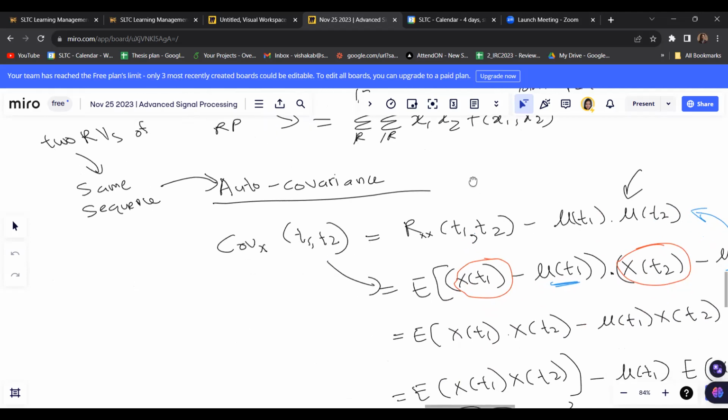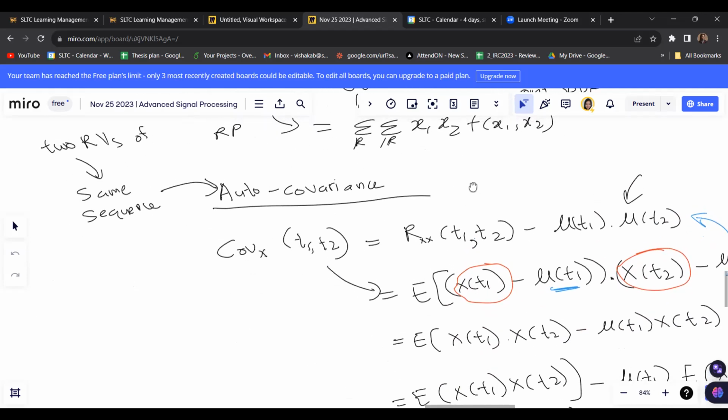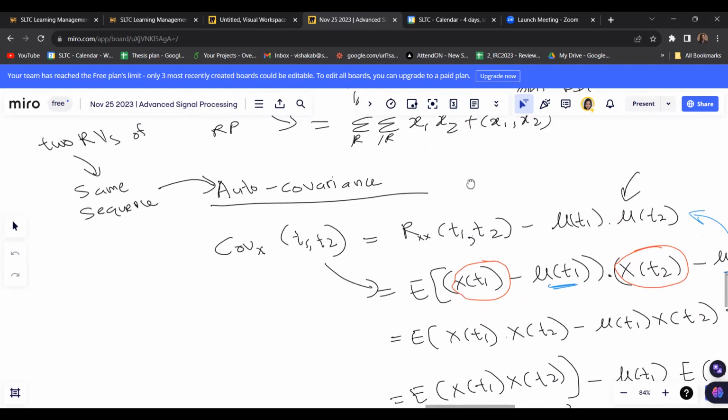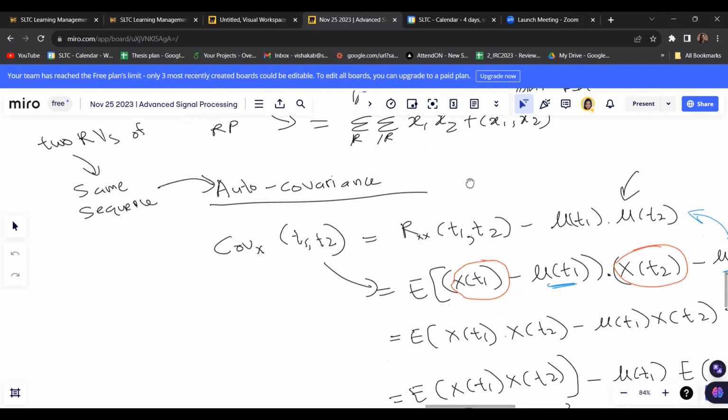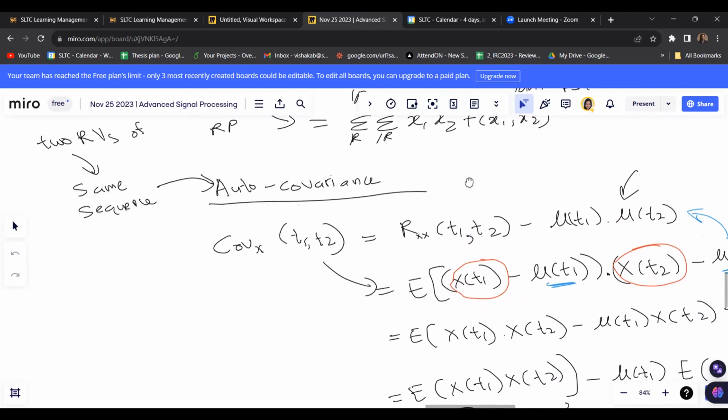Autocovariance is another parameter we take into consideration when analyzing random processes and the random variables in the random process.